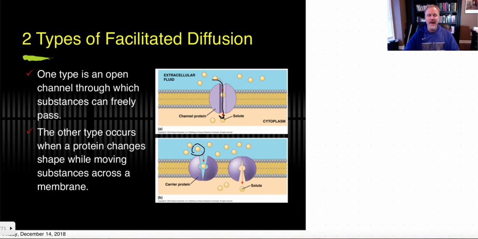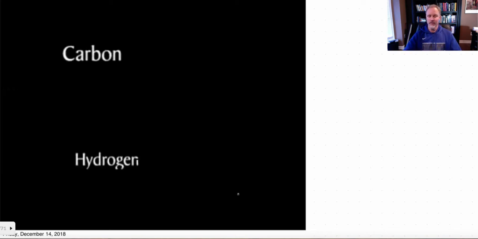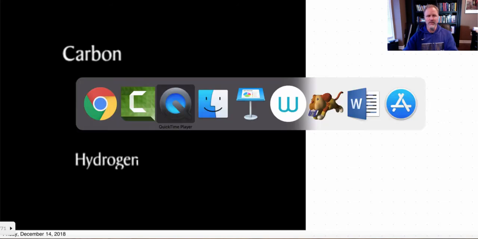But still, it's a passive form of transport, in that this substance causes this protein, this purple thing, to change shape. And when it does so, it shuttles the substance across the membrane. You can see that it gets it to the inside. So you've got a channel protein or a carrier protein, but neither requires any ATP at all, and that's why they're referred to as facilitated diffusion. Okay, so let's take a look at this video here.